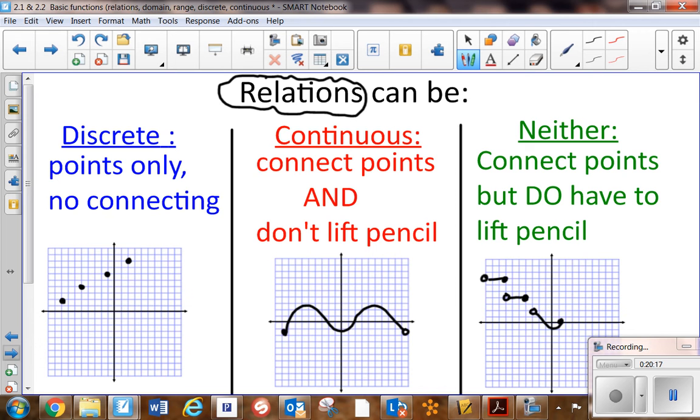I want you to keep that little story in mind when we think about if a relation is discrete or continuous. A discrete function is just what it says. It's just a few individual dots. You just told your secret to a few people and it stayed within those few people.